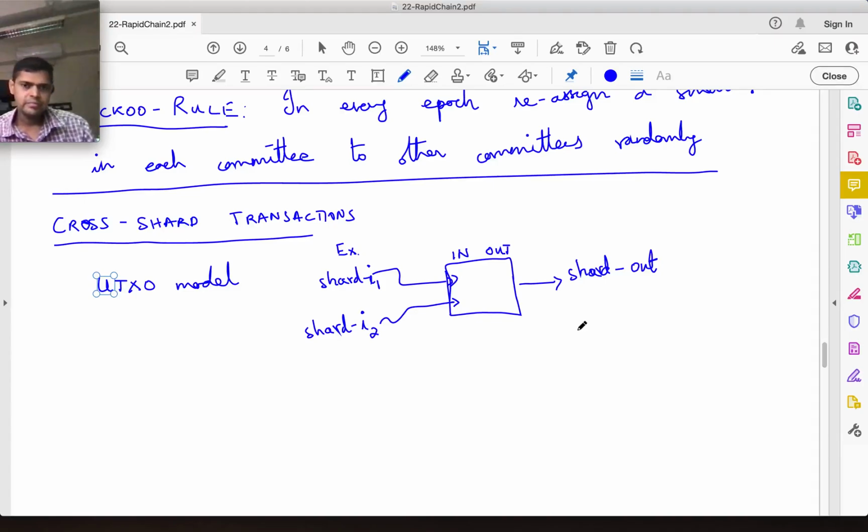The tricky part is how are we going to do all of this together? If you put this in shard out, how do you know that this UTXO has not already been spent, let's say, in these other input shards? So there could be I1, some particular shard, and I2.